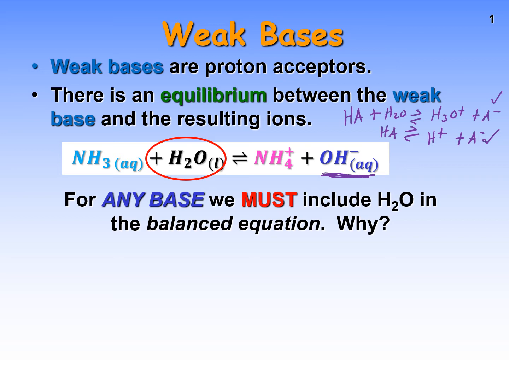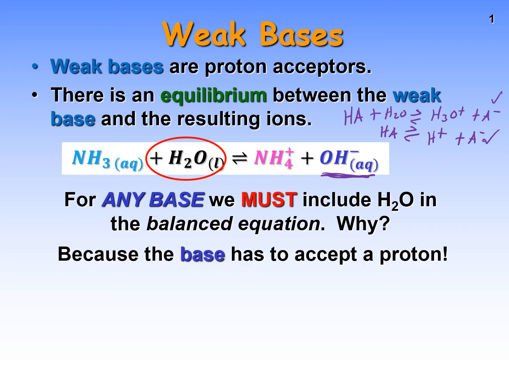Let's think about why. When this guy gains a hydrogen, where did that hydrogen come from? It came from the water. Because of that, we can't ignore water. The base has to accept a proton from somewhere. In this case, the proton is coming from water, always, pretty much in weak base dissociations.